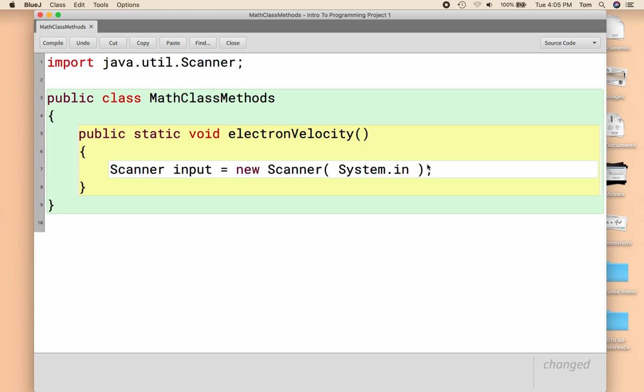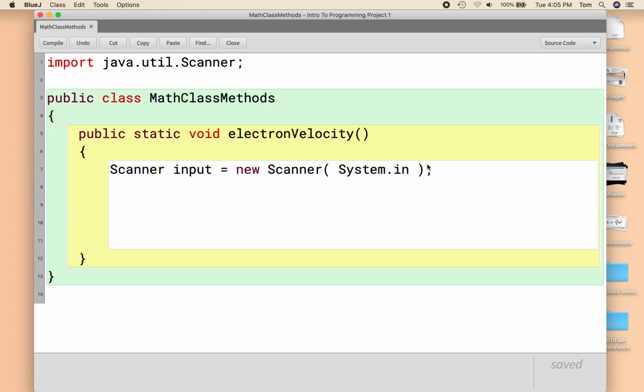That's going to input for the user, and then we can go ahead and close that scanner right away. So guys, if I'm ever going faster than you want to go on this video, just go ahead and pause it, and then you can catch up and then start it again when you're ready to go.